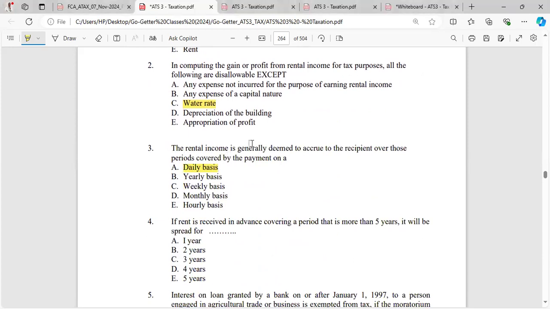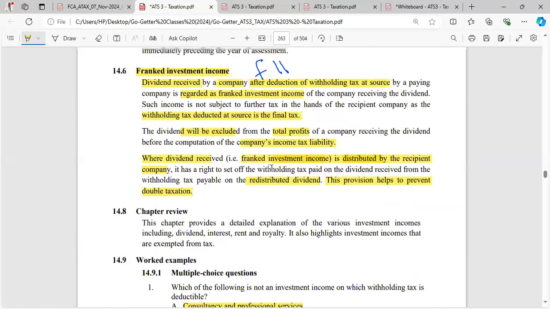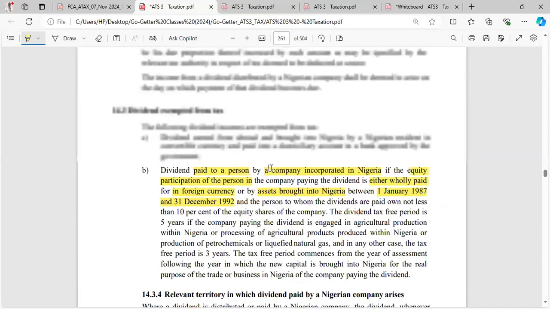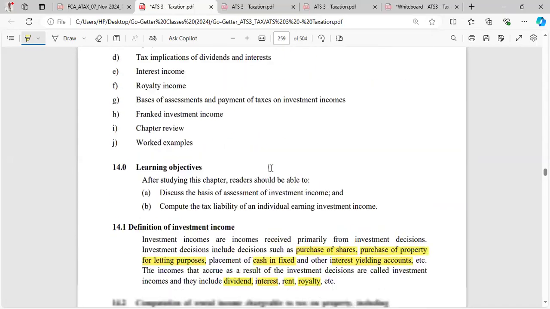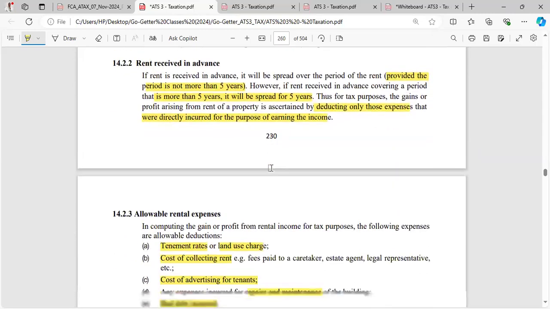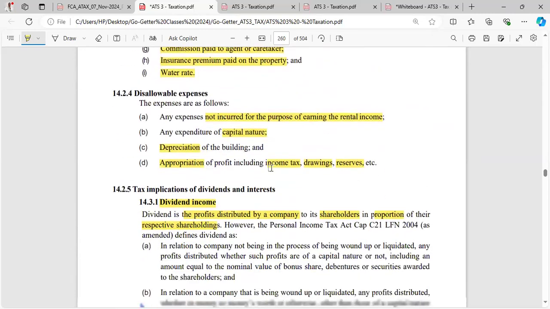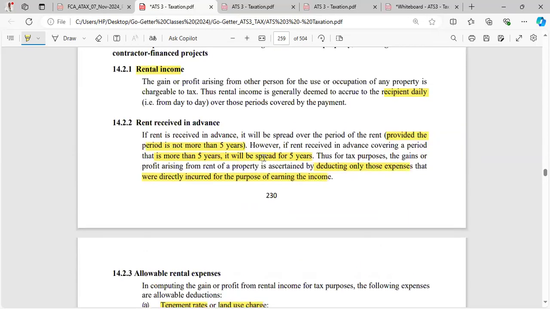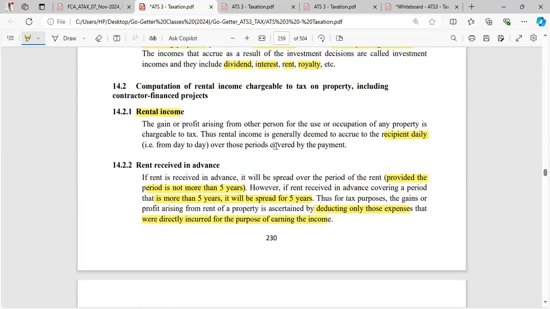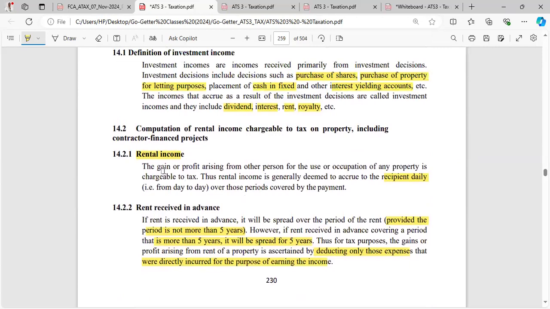They said rental income is generally deemed to accrue to the recipient over periods covered by a payment. Let me show you where it was stated here. So it means you need to read your text. We said here that the gain or profit arising from other person for the use or occupation of any property is chargeable to tax.